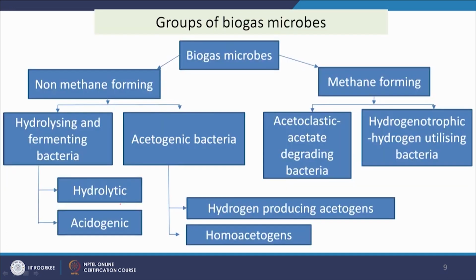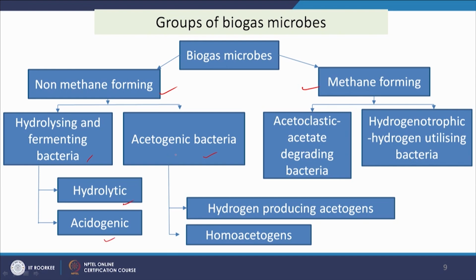Now, we will see here different groups of biomass microbes. So, biomass microbes can be methane forming or non-methane forming, and non-methane forming basically will be hydrolyzing and fermenting bacteria and acetogenic bacteria. The hydrolysis bacteria are called hydrolytic bacteria.